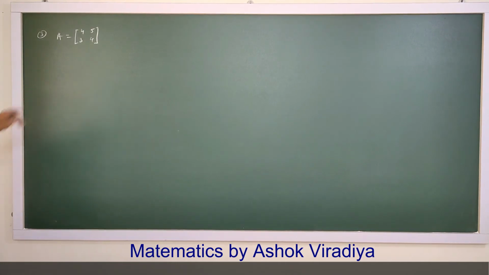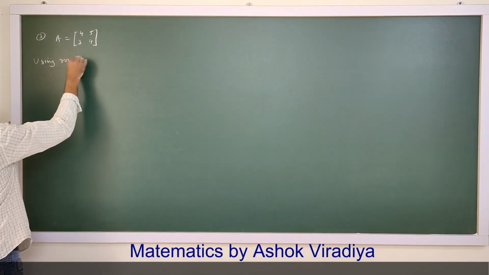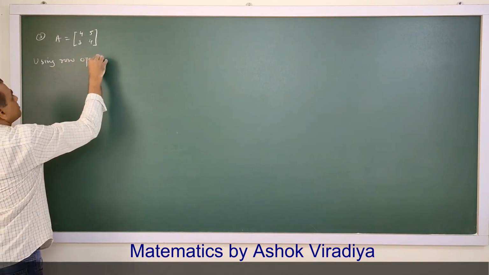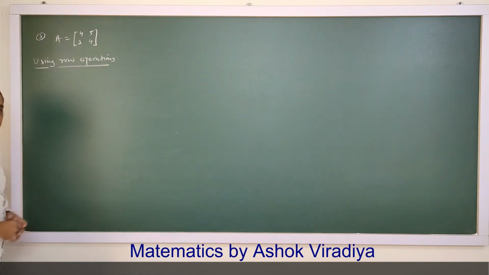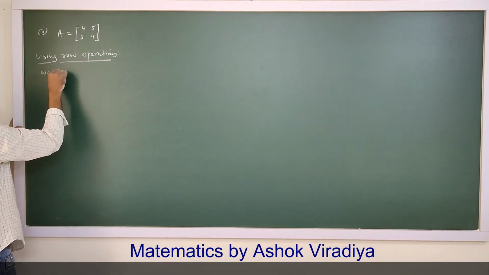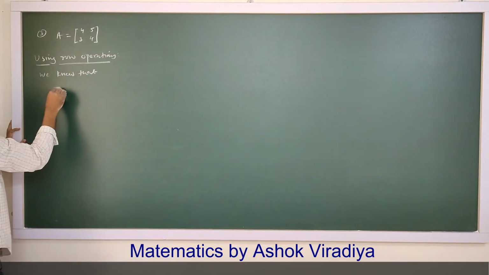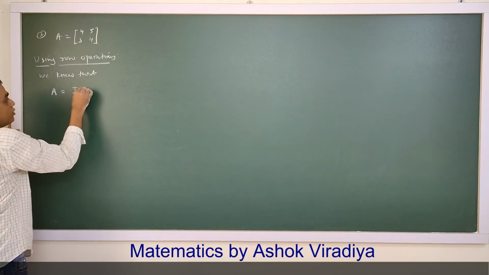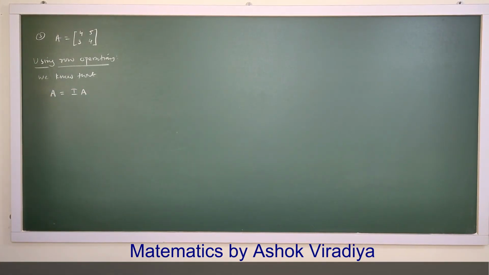To obtain inverse using the row operations, when we find inverse using a row operation, starting is A is equal to I into A. This is first step.